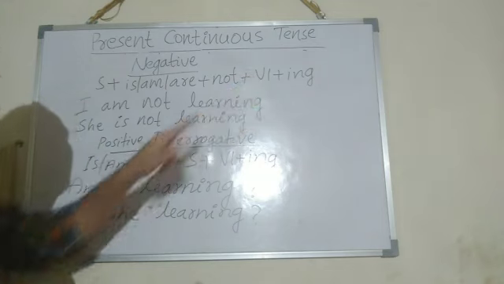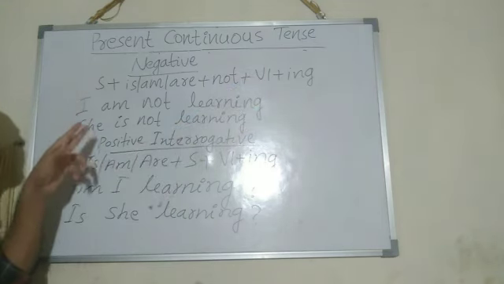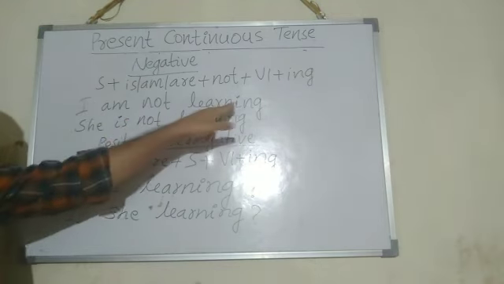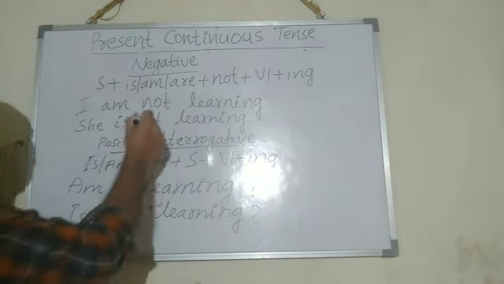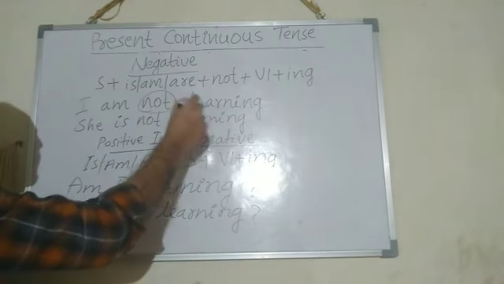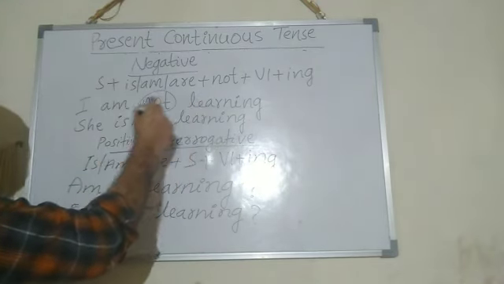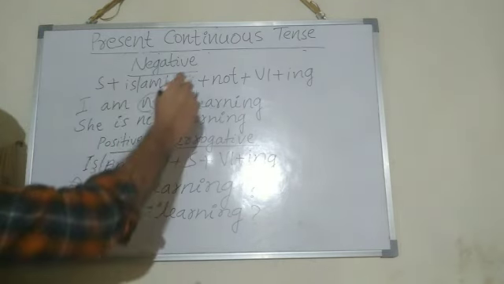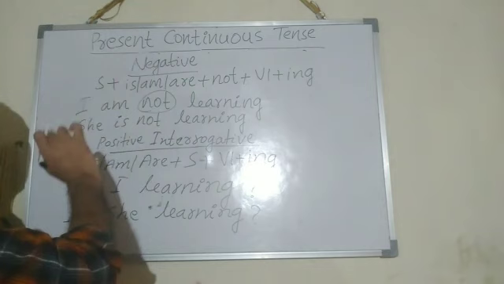Okay? Look at the examples. I am not learning. So not is used here between the auxiliary verb and the main verb. So the sentence is in present continuous tense, in negative form.